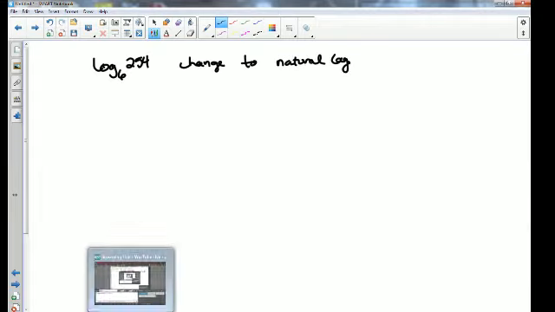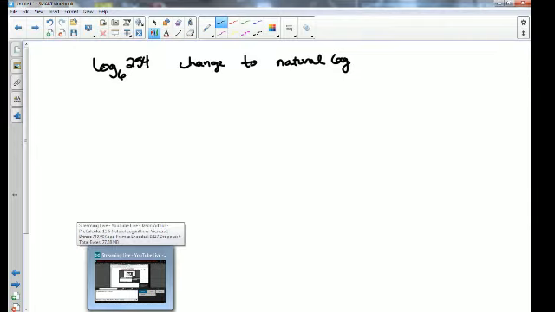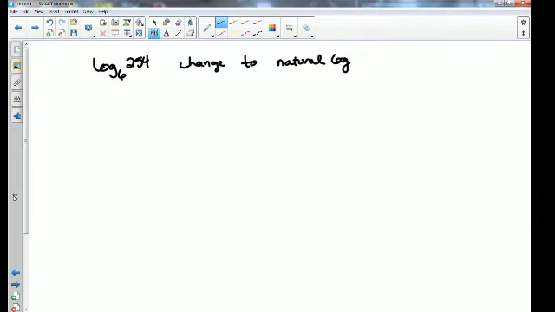So use the change of base formula. What are you going to have? Okay, we know it's going to be, which one's on top? Okay, so if you need to change the base, you can change to natural log.